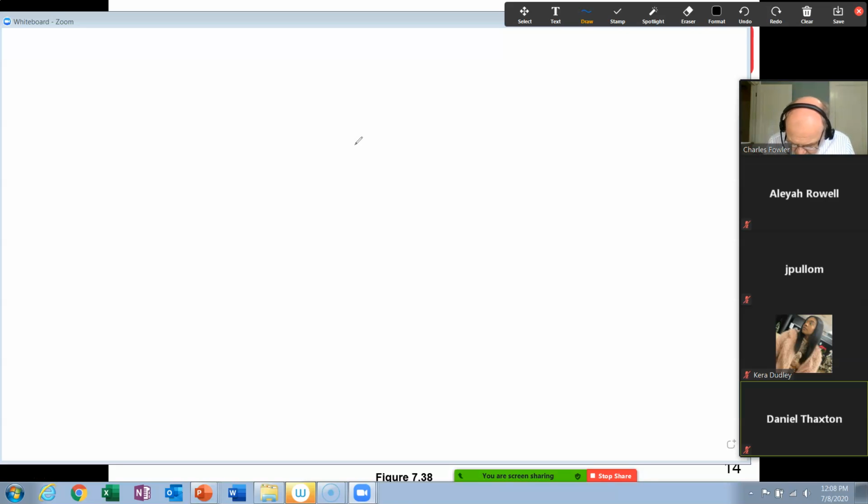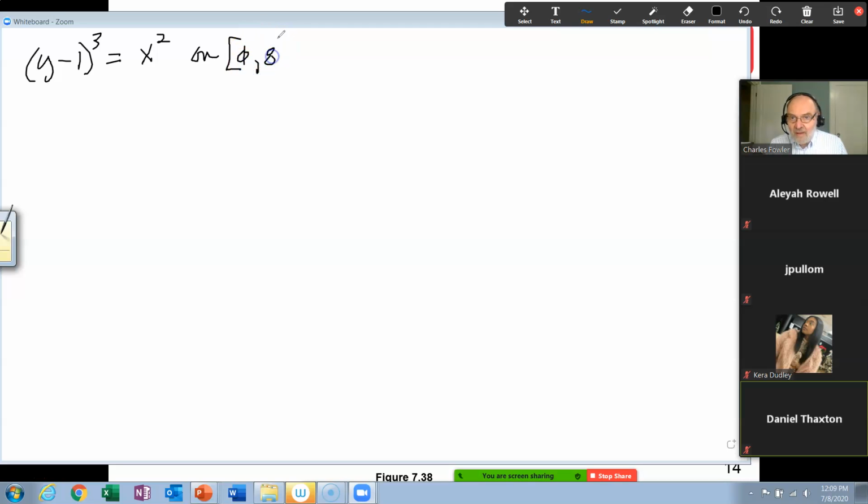So here is: find the arc length of the graph of (y minus 1) cubed, another weird looking function, (y minus 1) cubed is equal to x squared, on the interval 0 to 8, and it says is shown in figure 7.40.